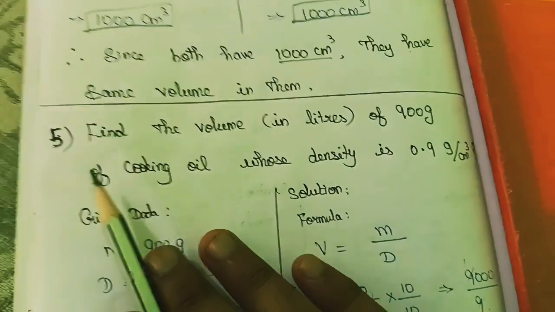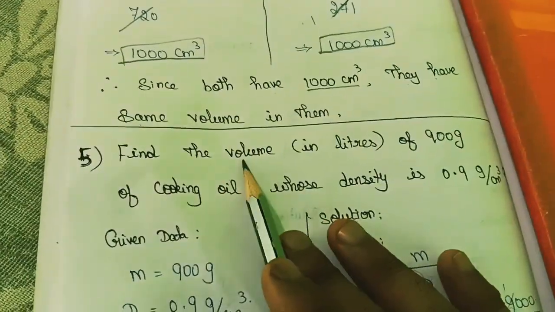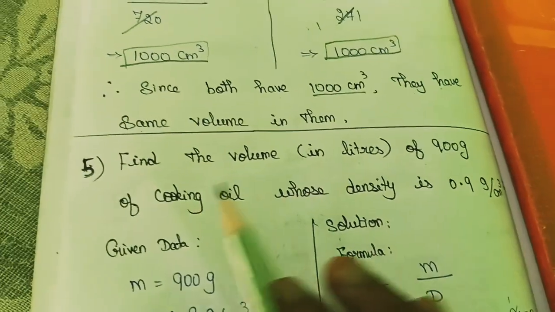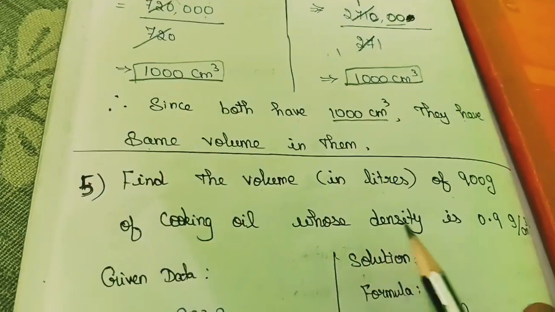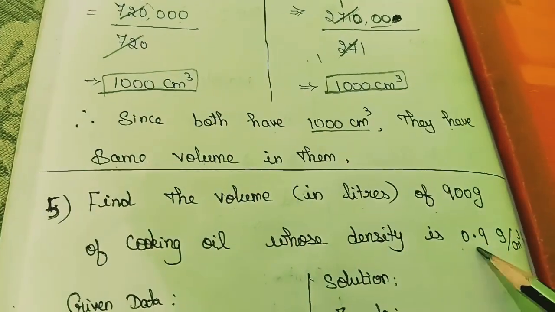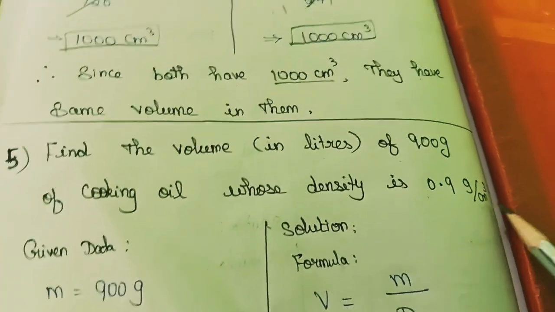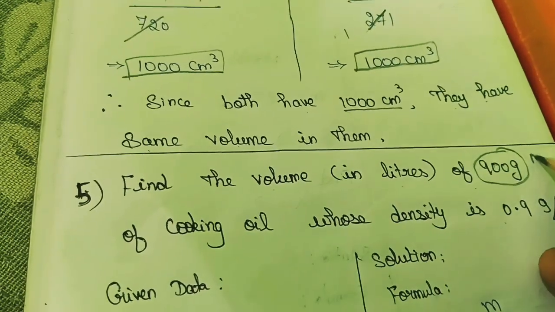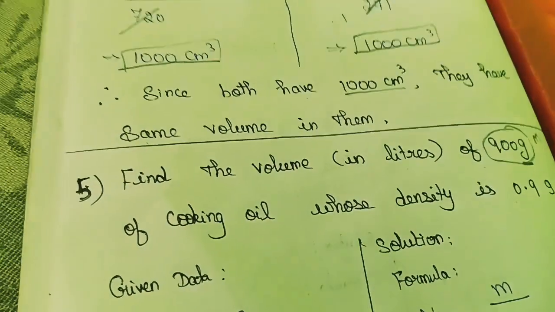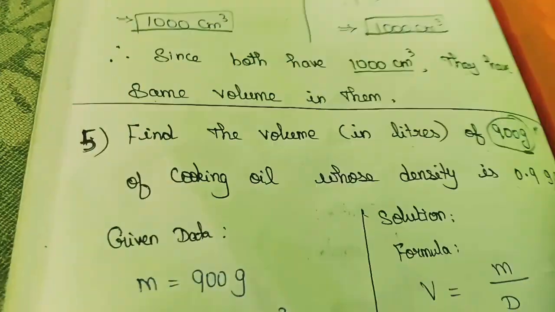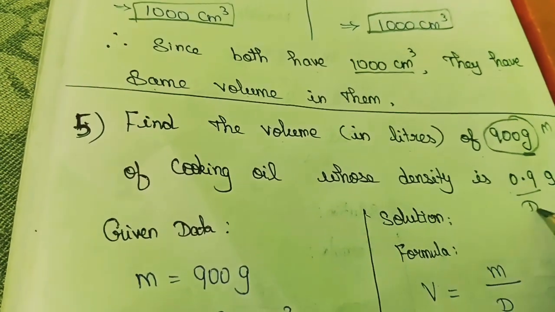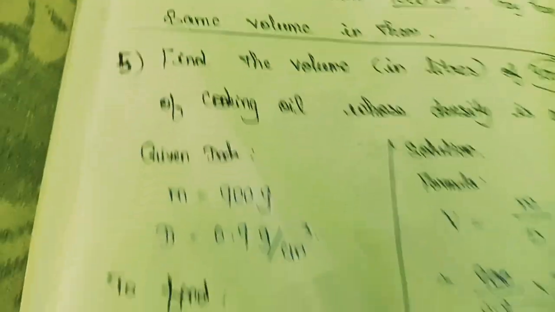Okay, now for the fifth problem: find the volume in liter of 900 gram of cooking oil whose density is 0.9 gram by centimeter cube. So the given data is 900 gram is mass as it represents gram here, and gram by centimeter cube represents density.